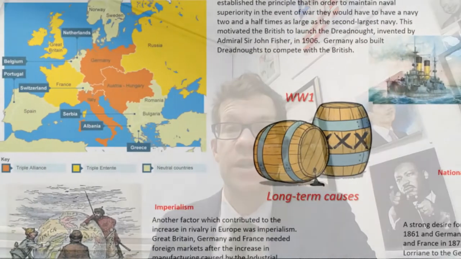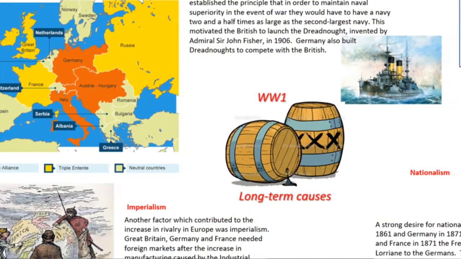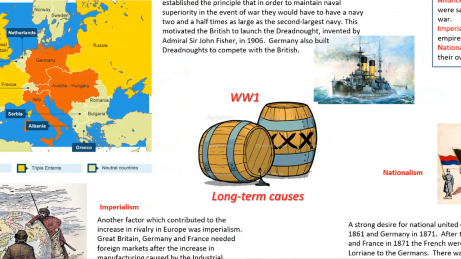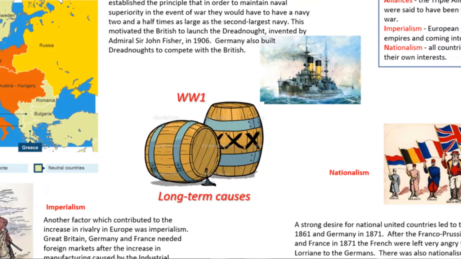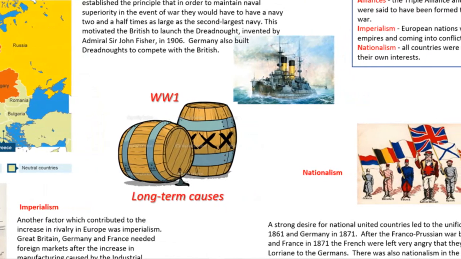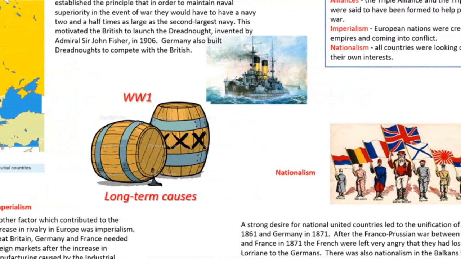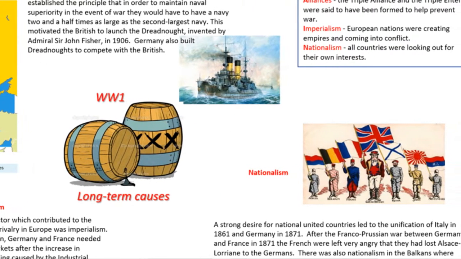All right, so you are going to be given some information sheets that look quite a lot like this. And these information sheets that you've seen before, because they're in your revision booklet, are about the causes of the First World War. And the first thing that you are going to do is you are going to self-generate some revision materials. So you are going to have a look at the materials on the causes of the First World War, and you are going to create some flashcards for yourself.